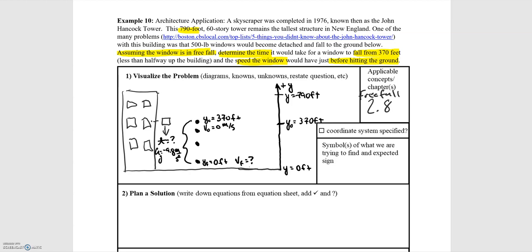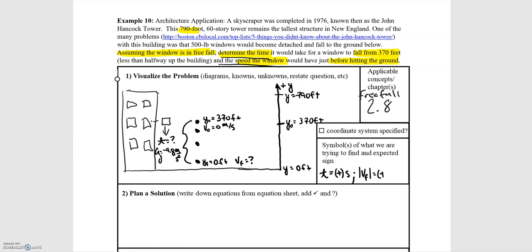So filling in the rest of the first part of the problem-solving framework, we are asked to determine the time that it takes for the window to fall. So t, and we expect a positive time in units of seconds. And then the other thing is we're looking for the speed of the window just before hitting the ground. So we want the magnitude of the final velocity.